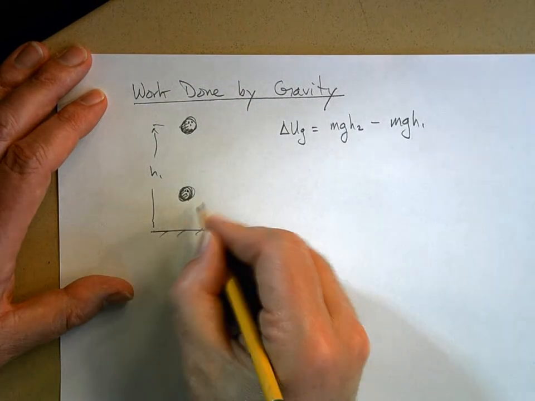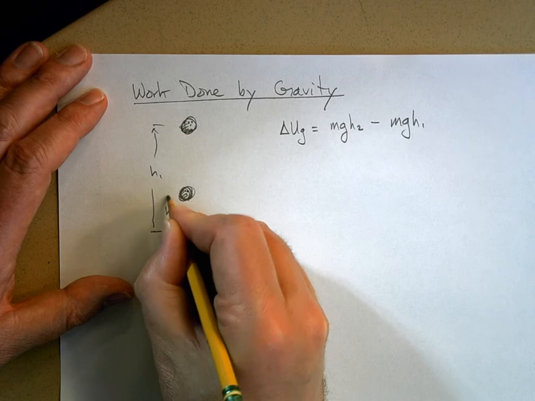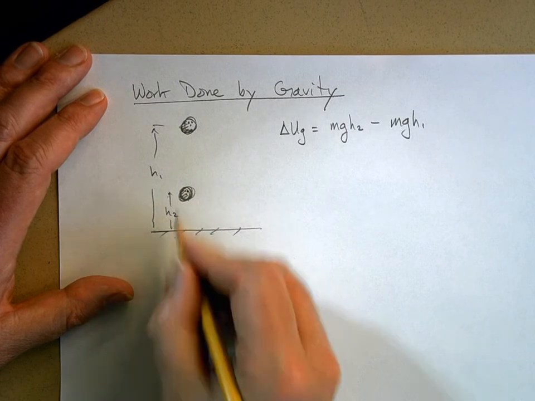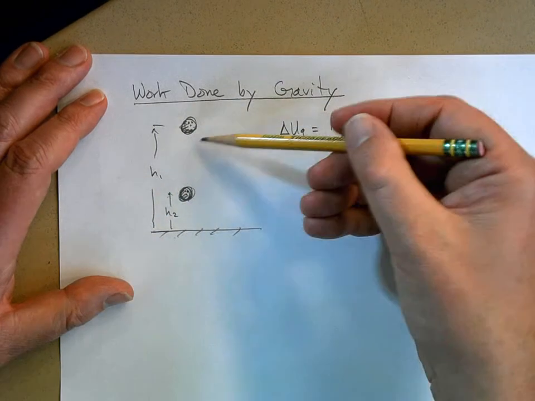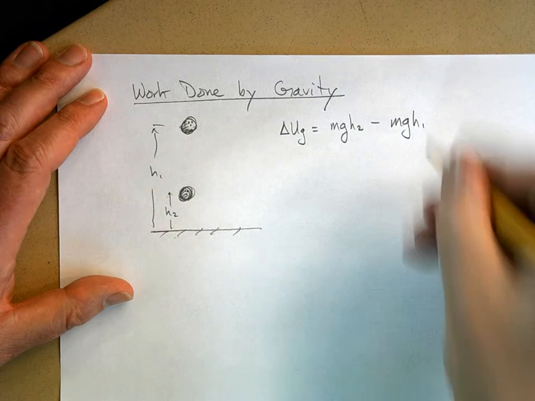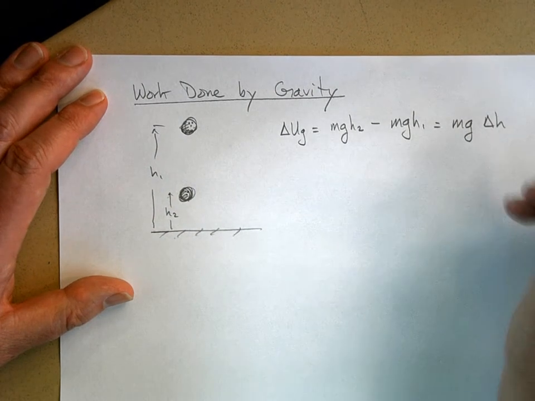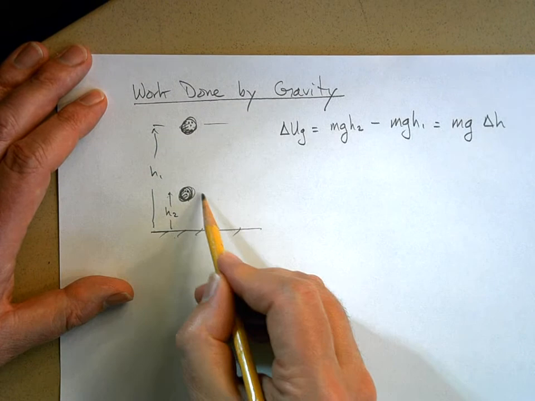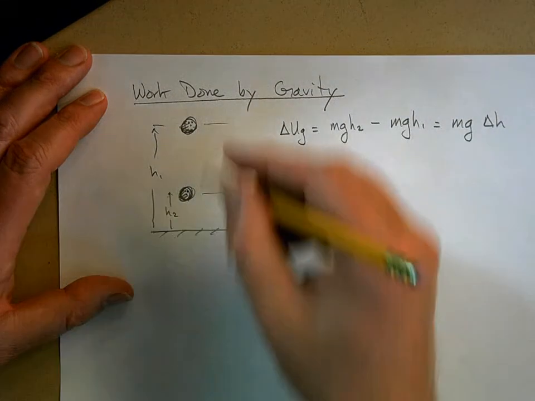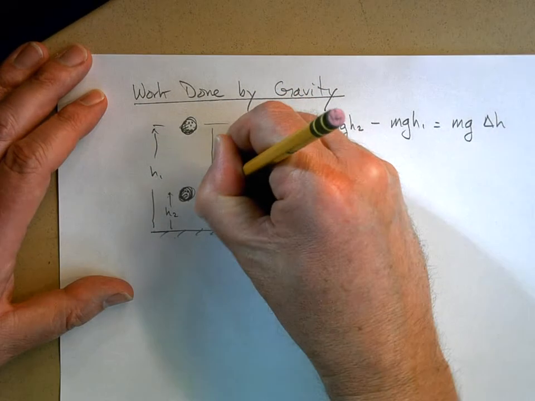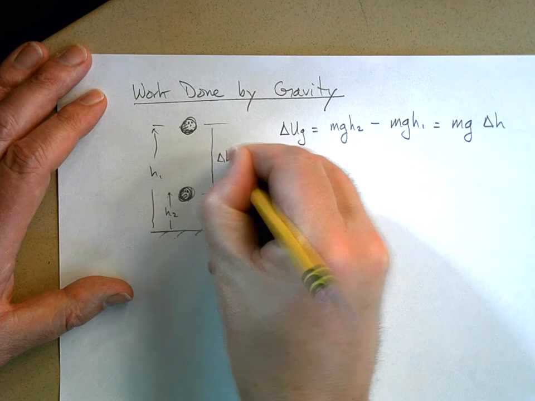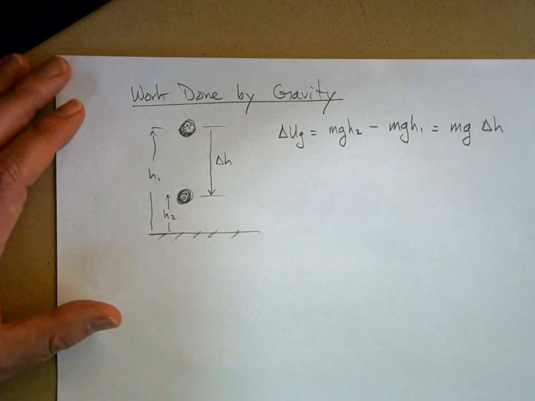This is h2. So going from h1 to h2, well, this is mg delta h, isn't it? Mg delta h. You see that there's delta h. Does that make sense?